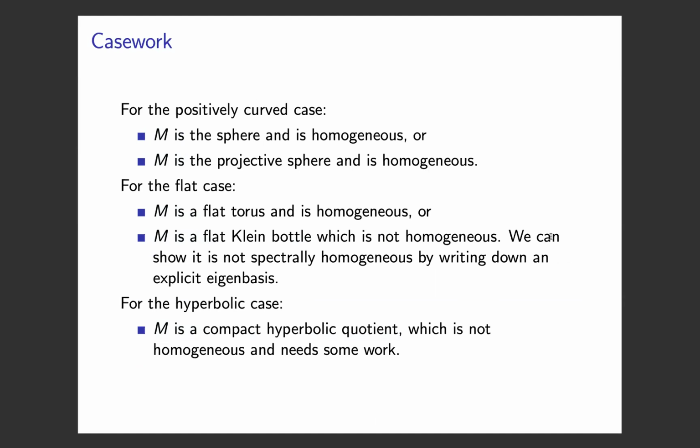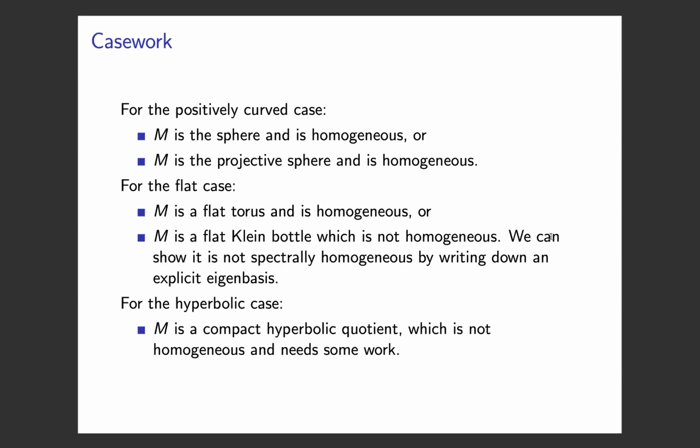The Klein bottle is a non-orientable quotient of the plane. And you do need to work a little bit in order to show that it's not spectrally homogeneous. Nor is it homogeneous. Well, we already know it's not homogeneous. The question is, is it spectrally homogeneous? So it turns out, no, it isn't.